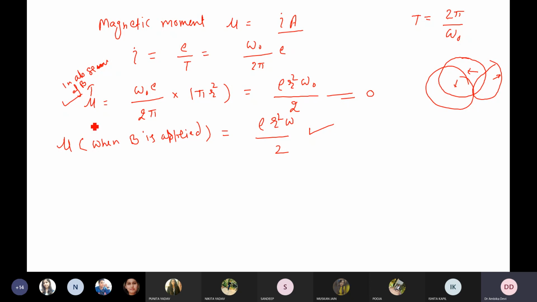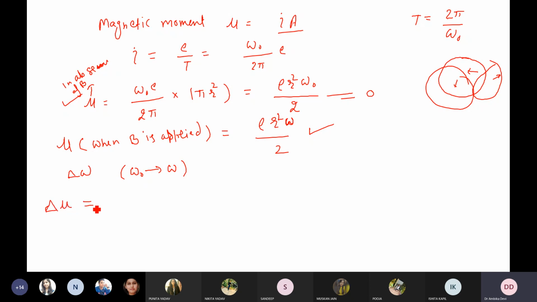Now we are more concerned about the change in the magnetic moment when the magnetic field B is applied. So if the angular frequency changes by Δω, this is the value when the frequency is ω. But if the angular frequency is changing from ω to ω₀, then Δμ will also change.